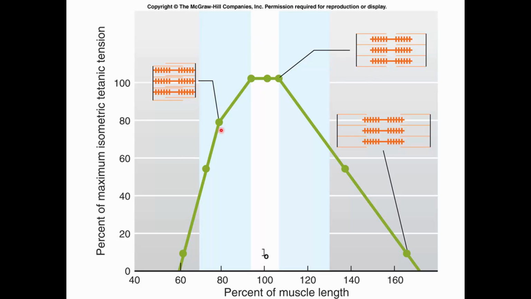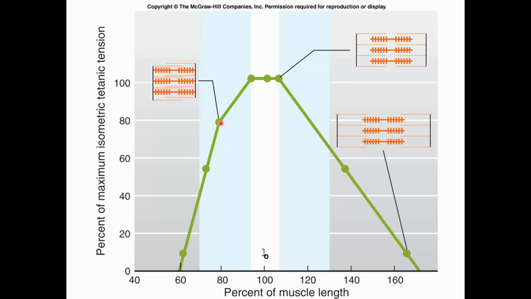Now the thing is, if your muscle starts out too short, it's like the muscle's all disorganized. It's like you've taken the muscle and smushed it all up, and the little myosin heads are just going all over the place, and they don't know where to grab, and this little myosin head grabs the wrong actin, and it's actually interfering with the contraction.